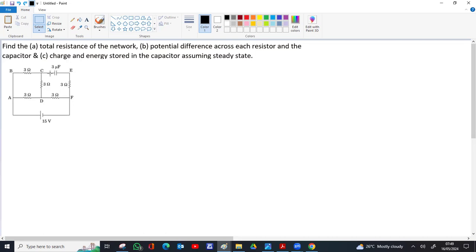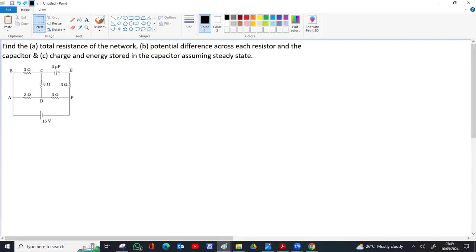So when you find the total resistance, we can neglect the capacitor because no current flows through the branch, so there is no meaning of resistance. The resistance is to be counted when the current is flowing. There are many regions where current is not flowing, and we don't count those as part of the circuit.